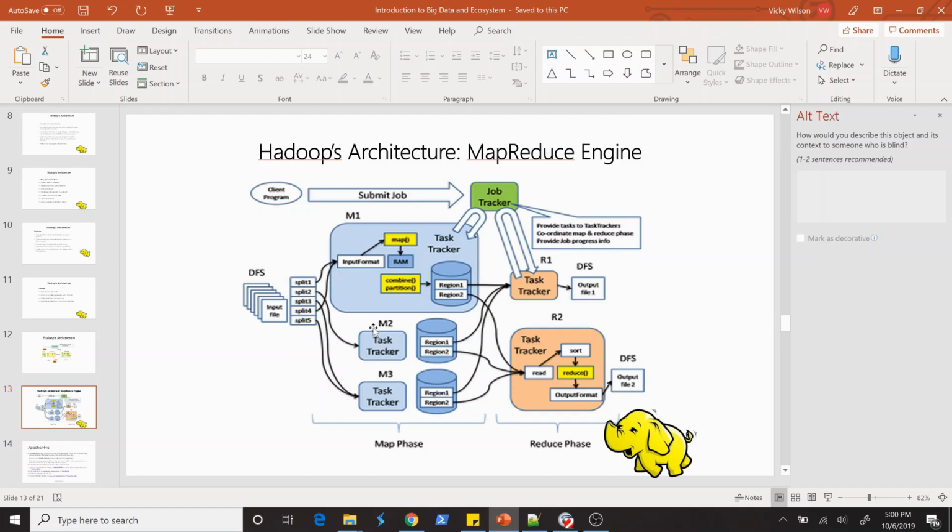It goes through the data nodes, gets the splits of data stored on your distributed file system on HDFS, and your mappers scan through the file and try to identify each piece of data that you might need and aggregate.